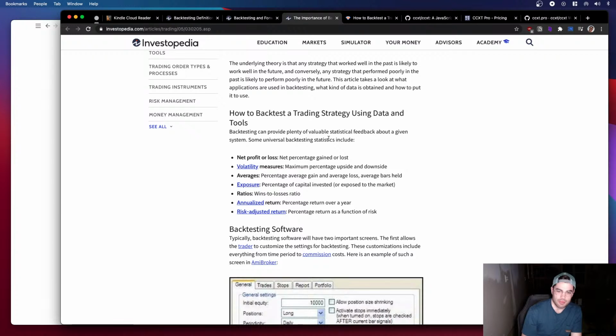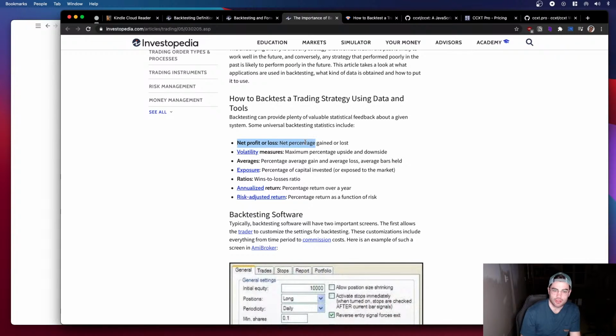Some universal backtesting statistics include net profit or loss, volatility measures, maximum percentage upside and downside, averages.